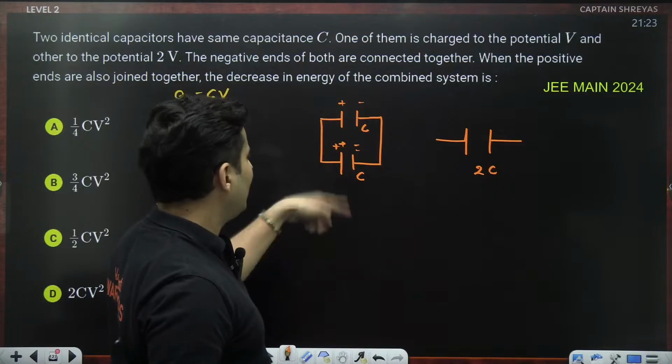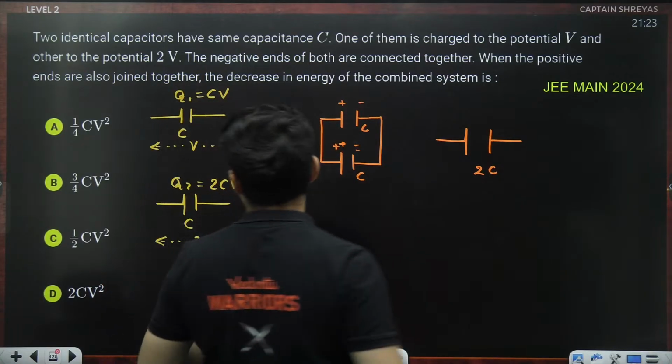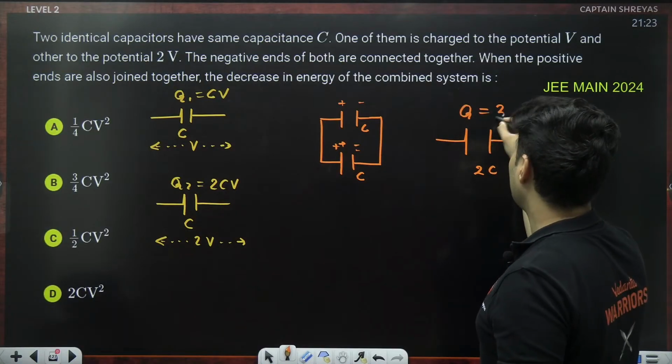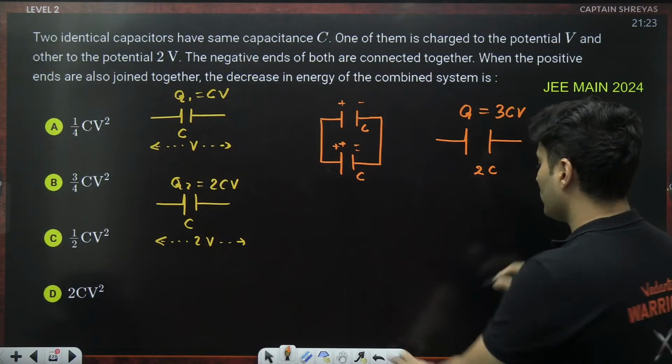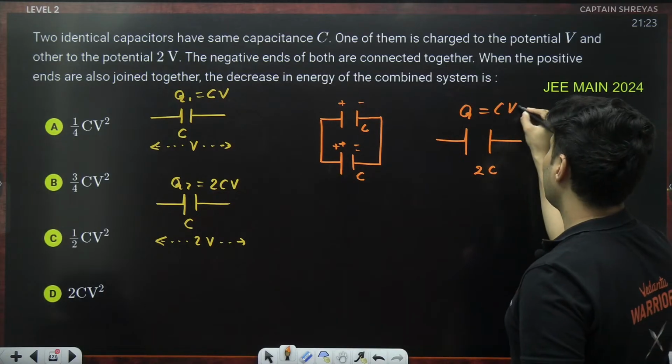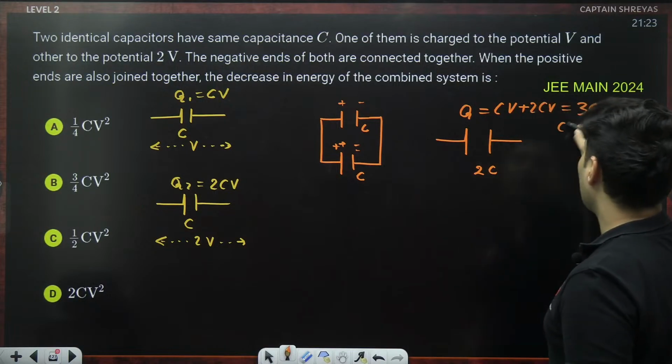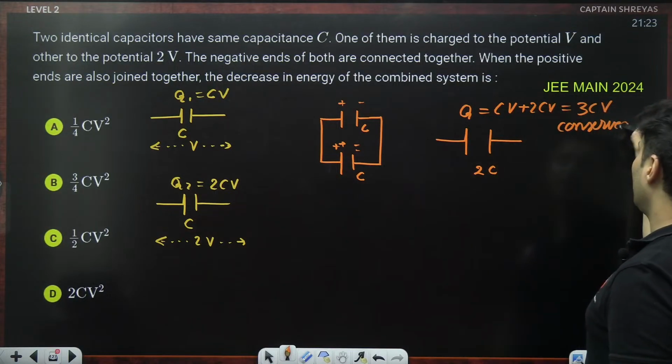What about the charges? Charges, positive, negative, they will add. So the charges will also add. The new charge on this will be 3CV, CV plus 2CV. If you want it, I'll write it over here. CV plus 2CV, which is 3CV. It has to be conserved. Obviously, charges can't be destroyed.